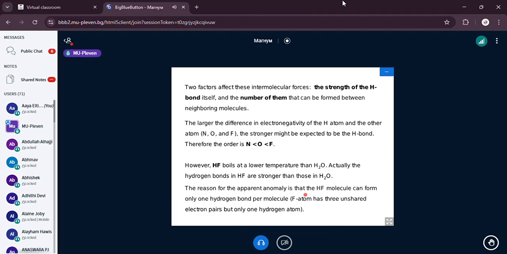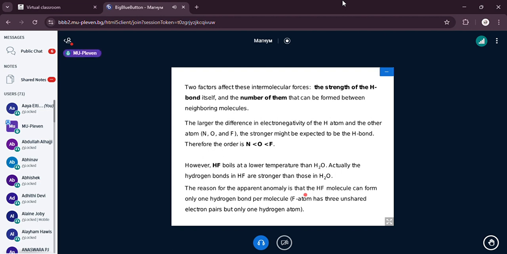Hydrogen bonding influences physical properties, especially boiling points of compounds. Hydrogen fluoride boils at approximately 20 degrees Celsius, while the water boiling point is around 100 degrees Celsius.